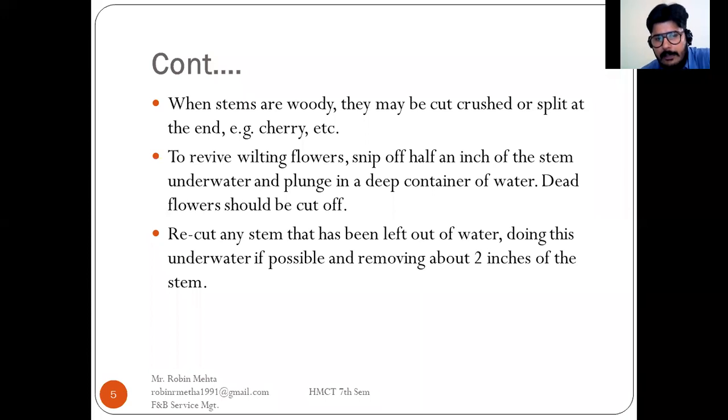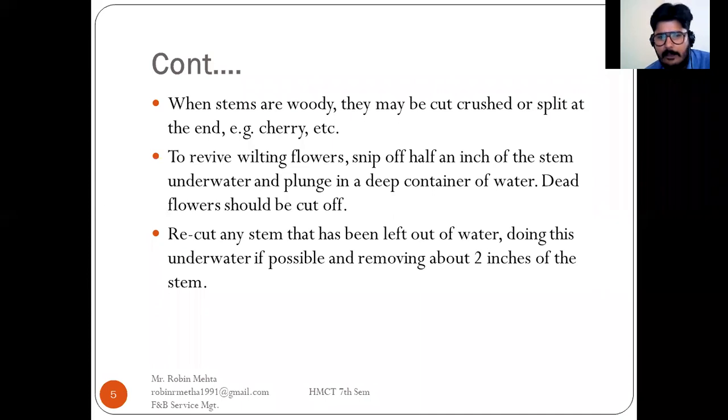And next point: to revive a withering flower, nip off half an inch of the stem underwater and plunge it in a deep container of water. Dead flowers should be cut off. Whenever we talk about nipping, some plants may die despite the precautions, care, and conditioning we give them.